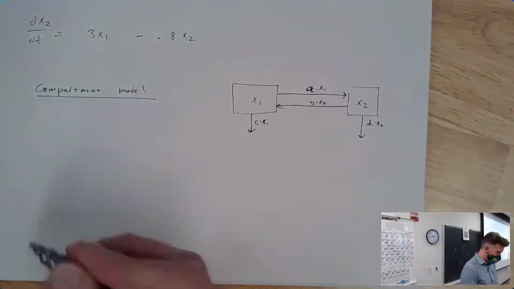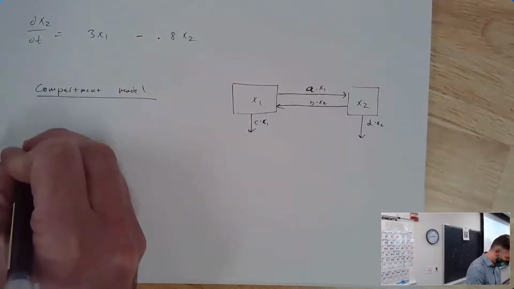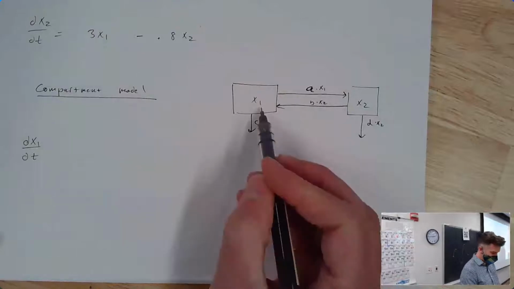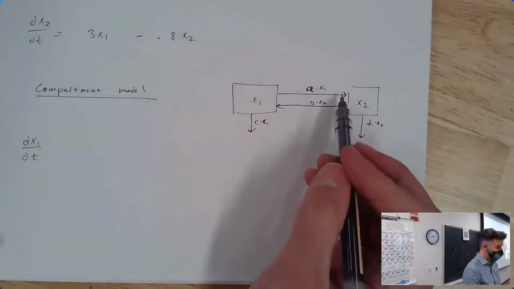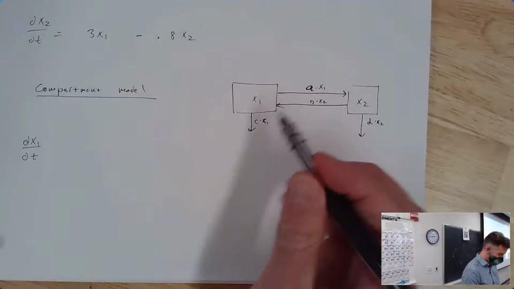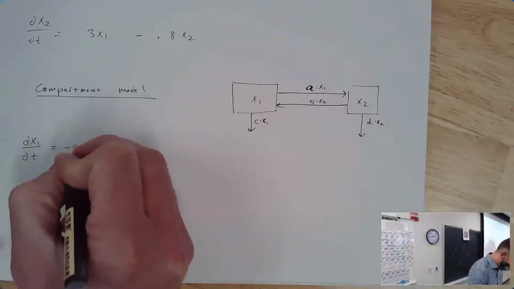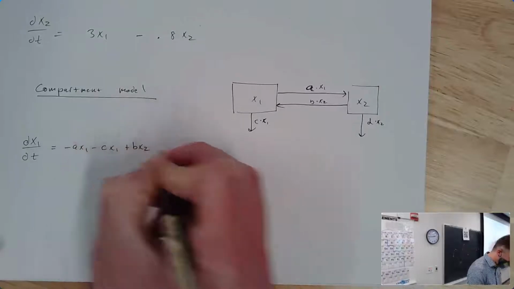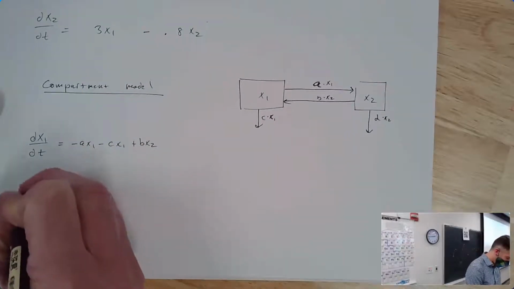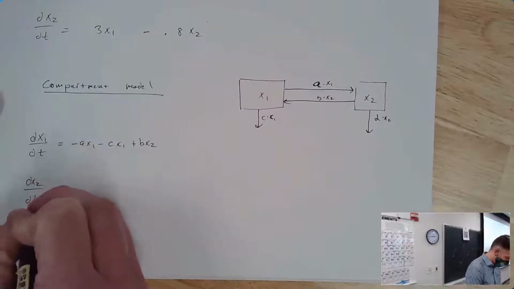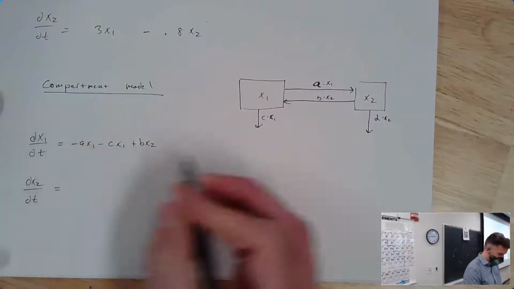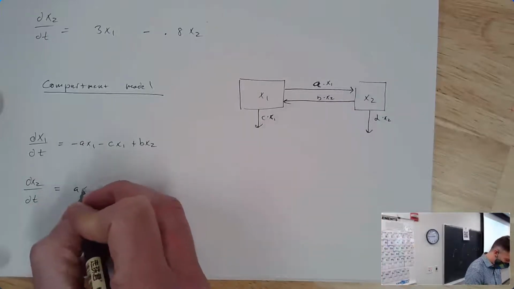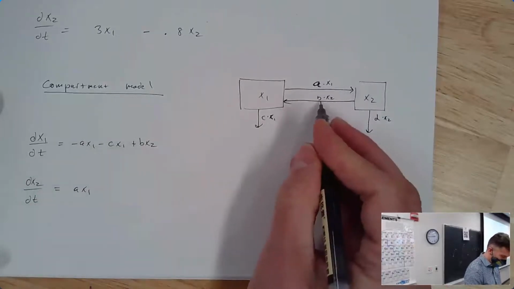And the equations we are going to have are really just what's going in and out of x1. So the rate of change of x1: I'm losing cx1, I'm losing ax1, I'm gaining bx2. So it's minus ax1 minus cx1 plus bx2. And for x2, I'm gaining ax1 and I'm losing bx2 and dx2.